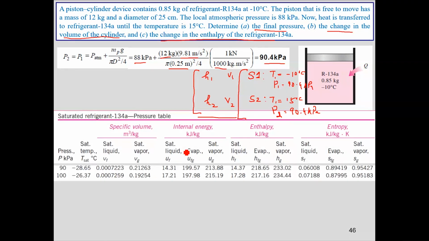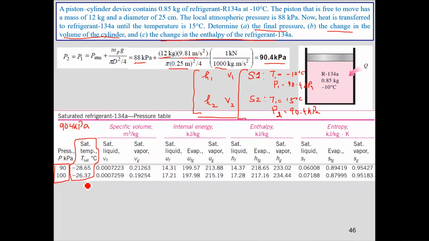This is the table. If you see, your pressure is 90.4 kilopascal. And if you see, this pressure lies between 90 and 100. So you have to interpolate for 90.4 kilopascal in order to determine the saturation temperature.